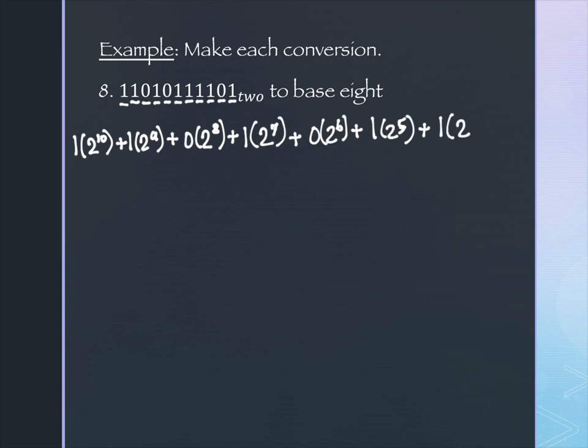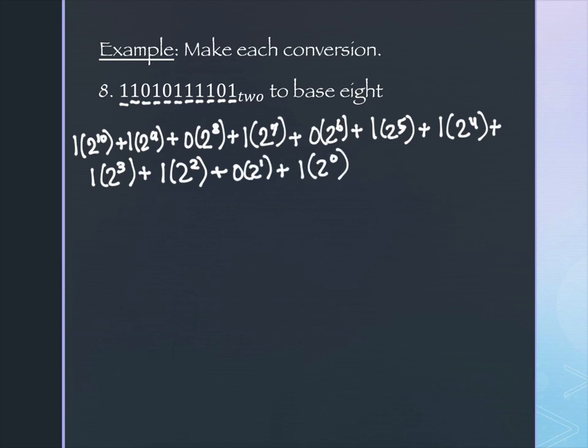There's a 1 times 2 to the 4th. Running out of space. I have 1 times 2 to the 3rd. I have a 1 times 2 squared. I have a 0 times 2 to the 1 and a 1 times 2 to the 0.